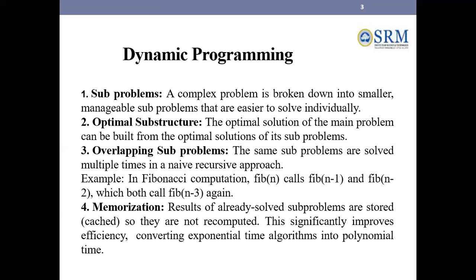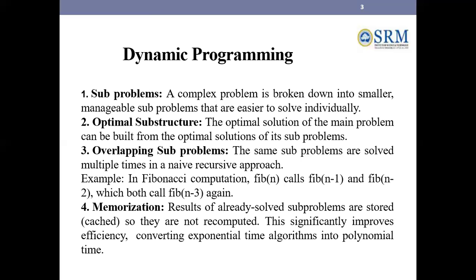Next, optimal substructure: the optimal solution for the main problem can be built from optimal solutions of subproblems. If we get an optimal solution for a subproblem, then that will lead to an optimal solution for the whole problem. And overlapping subproblems: instead of solving the same subproblem again and again, we can apply the dynamic programming approach.